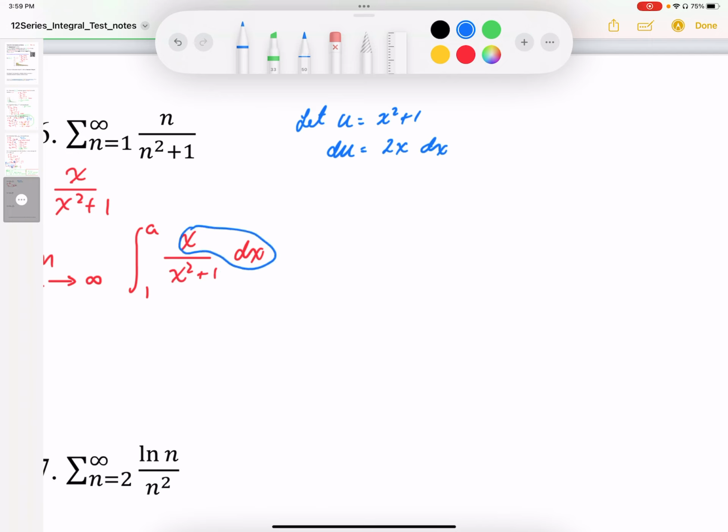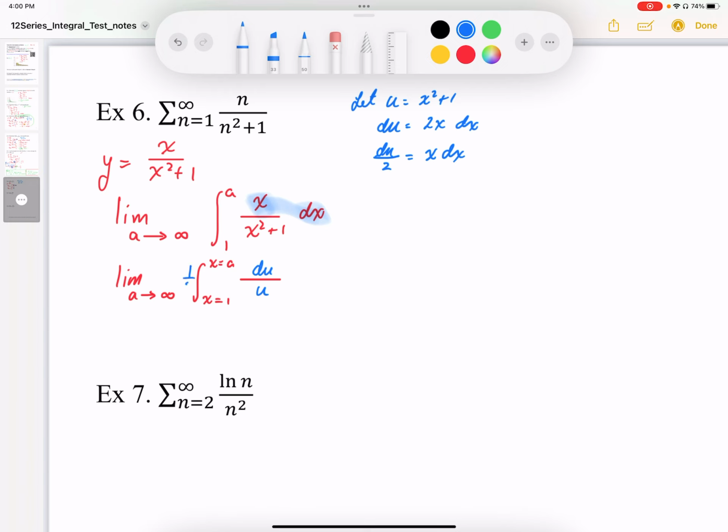The x dx I'm going to replace with du, and I'm going to put the 1/2 just on the outside. I'm going to anti-differentiate this, so limit as a approaches infinity. This is going to end up being 1/2 log u, and our bounds are going to be x equals 1 to x equals a.